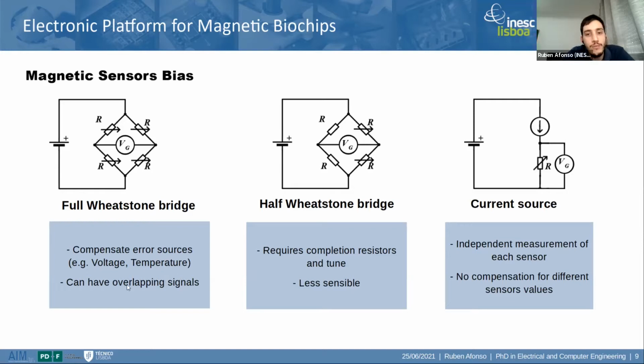However, using multiple sensors inside of the channel could cause signal cancellation if multiple particles were passing through the several sensors. Also, half Wheatstone bridge requires compensation and tuning the resistors and is less sensitive. On the other hand, the current sources are independent, can independently measure each sensor, and also do not depend on the external voltage.